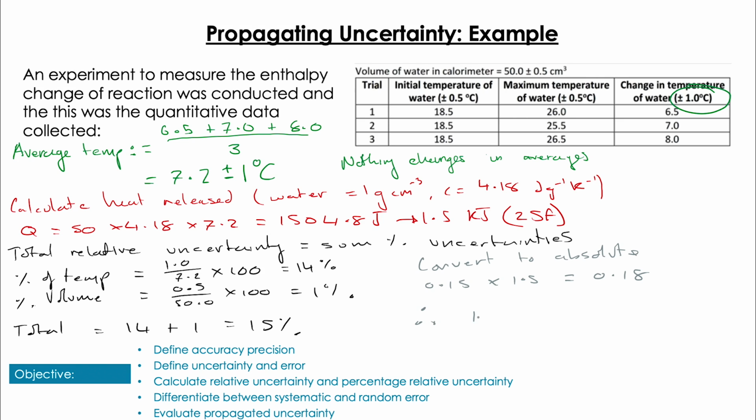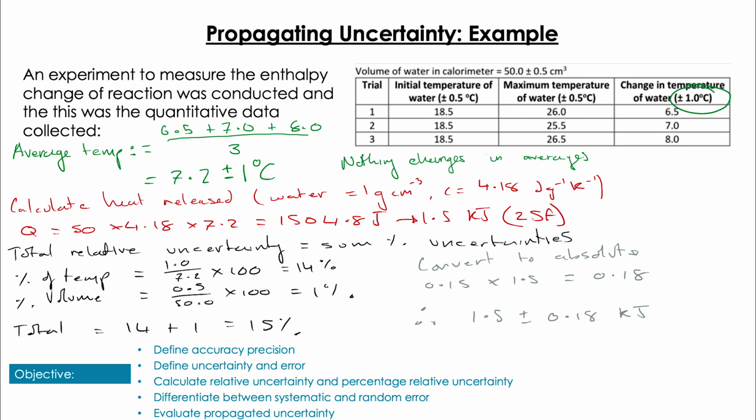And so we can quote our value as 1.5 plus or minus 0.18 kilojoules. You'll see in the calculation, I converted the 15% to a decimal for sake of ease. That's where I got the 0.15 from. Of course, this is just an example, but it could be used in a multitude of different experiments.